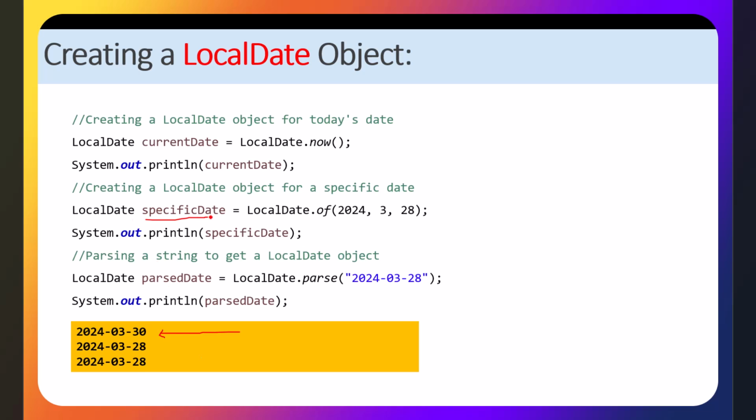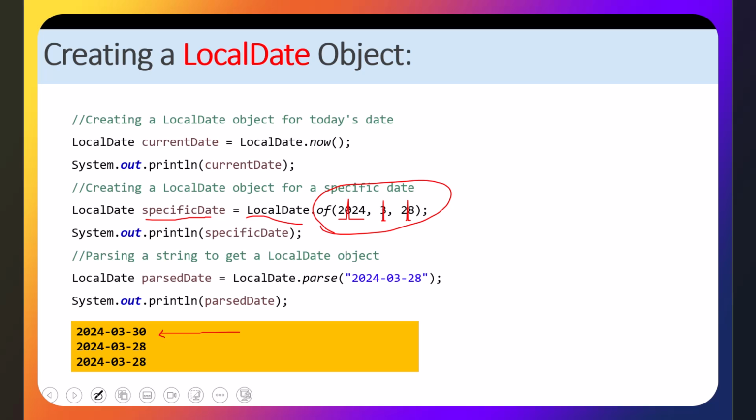And for a specific date, if you want to give the date to the class, like this, year, month, and day. See here, LocalDate.of takes year, month, day. Remember, American way: year, month, day.